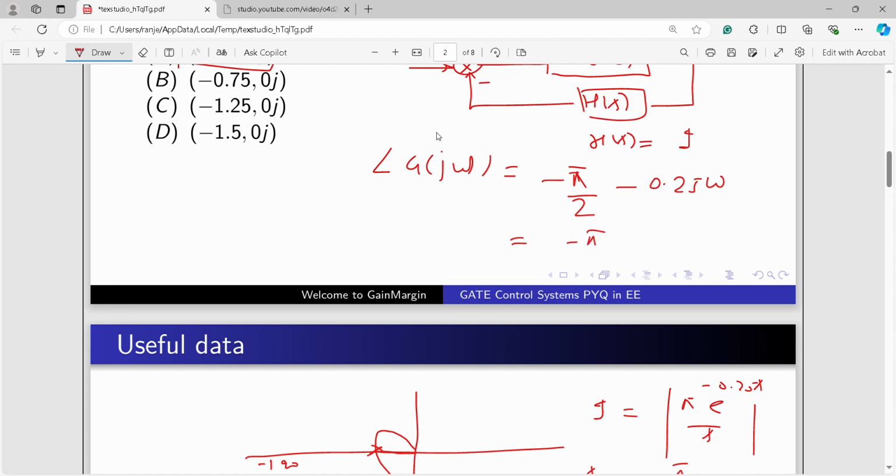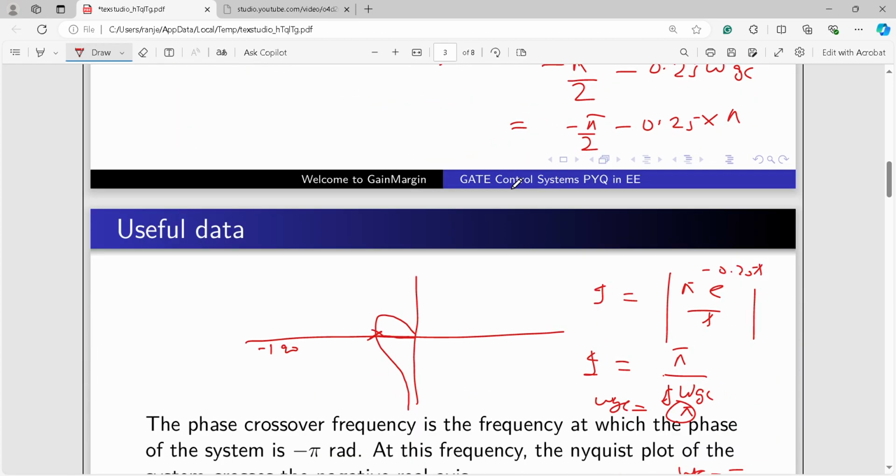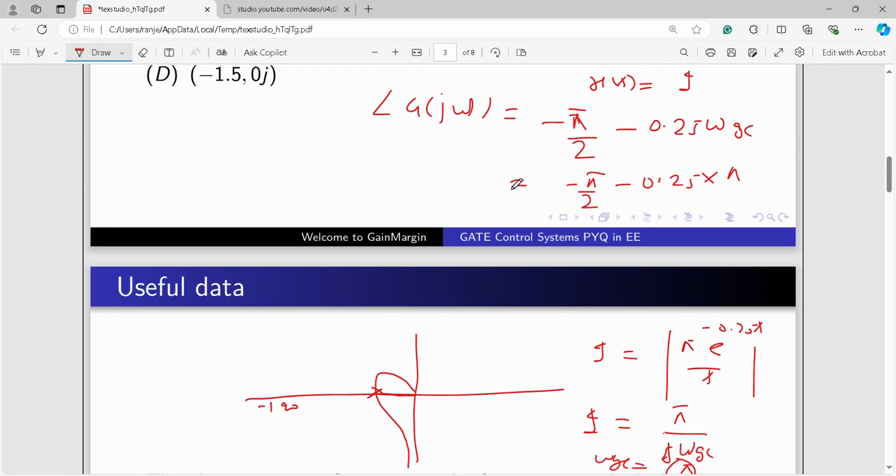So minus pi by 2 minus 0.25 into omega gc, where the value of omega gc is pi.